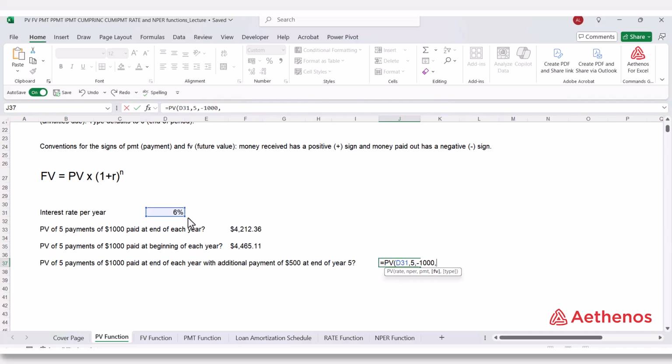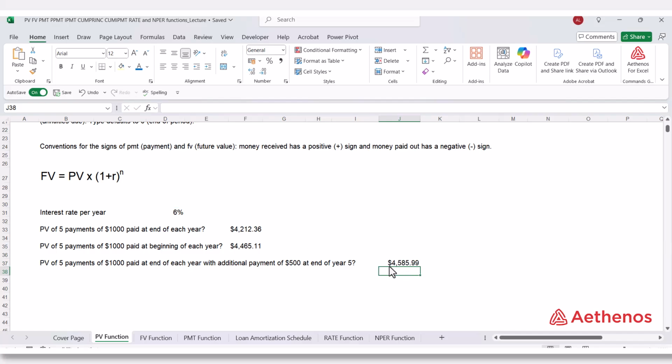Here we have a future cash flow: a 500 additional payment at the end of year 5. We put it as a negative value, minus 500, because the cash is going out. Then for the end of the period we put 0 and press enter.